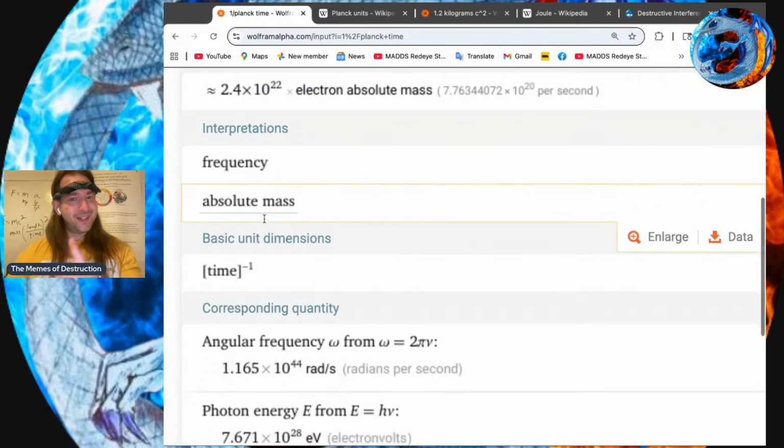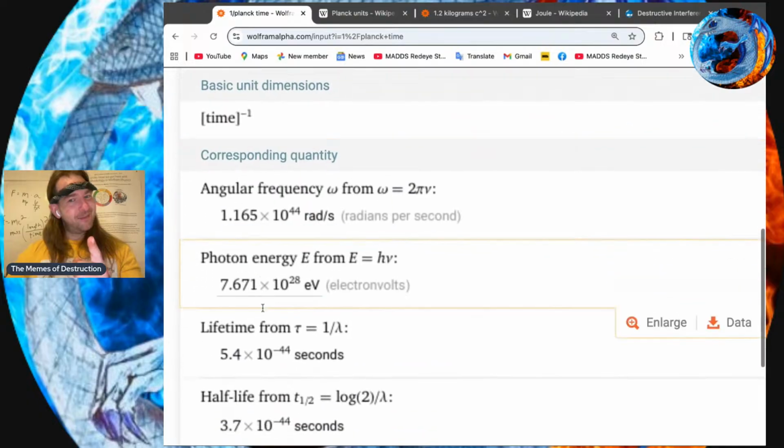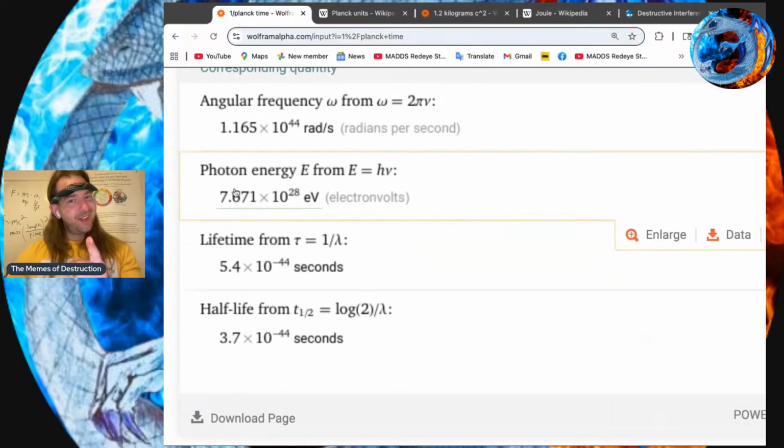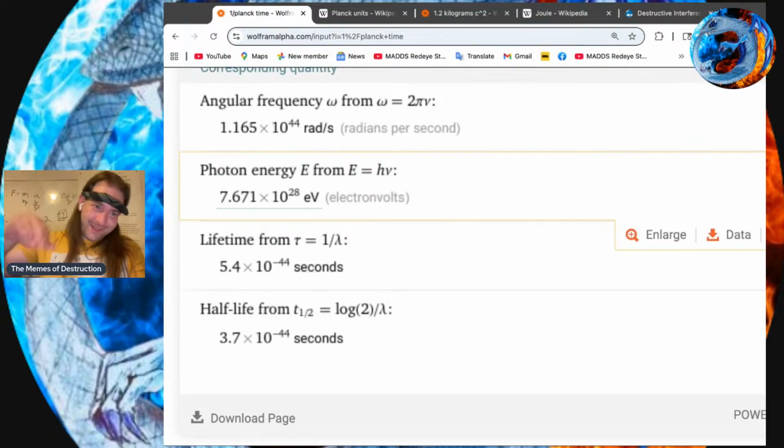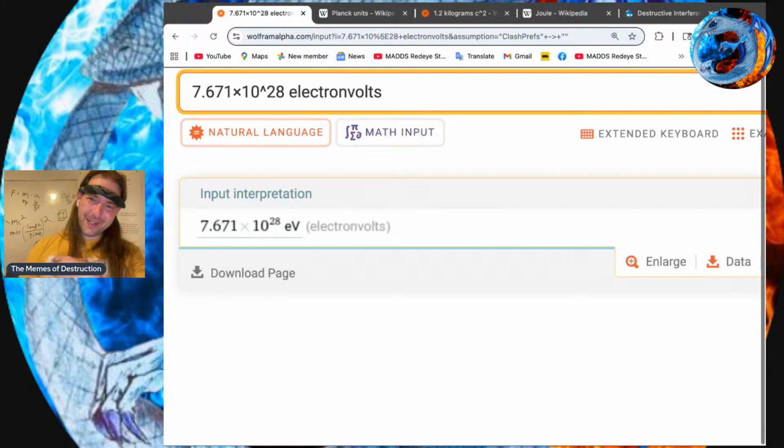Now note, the photon energy of a photon, because if you're doing the Planck frequency, it's oscillation. So if that's the maximum frequency we can have, given the energy of a photon from that.